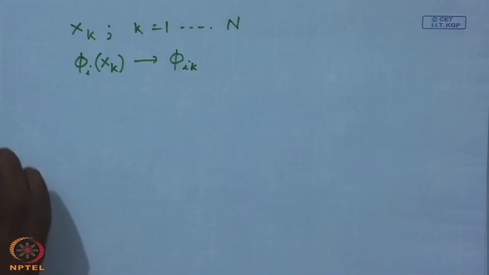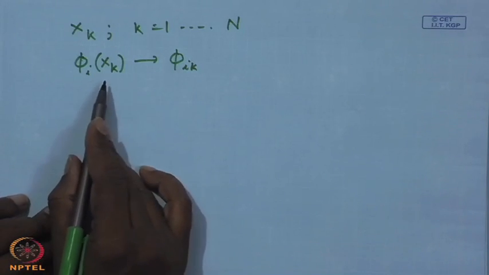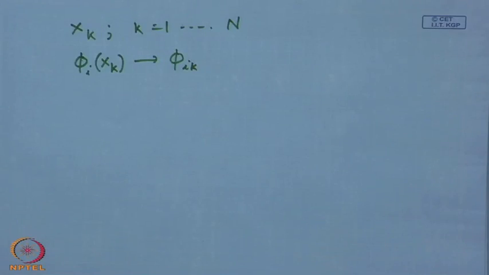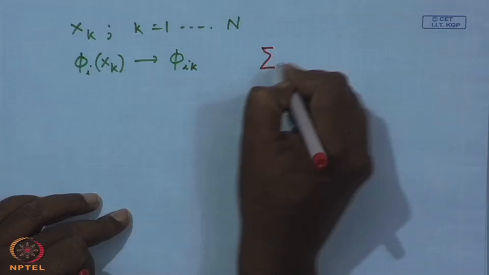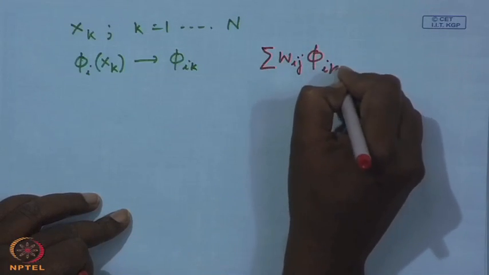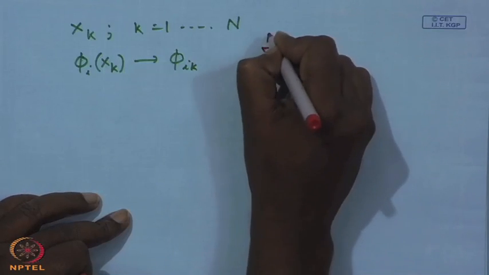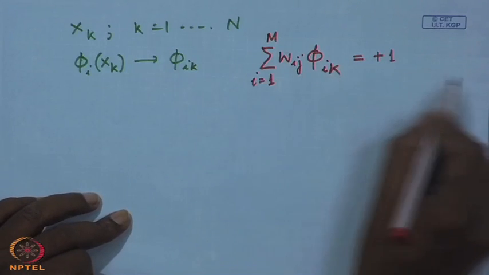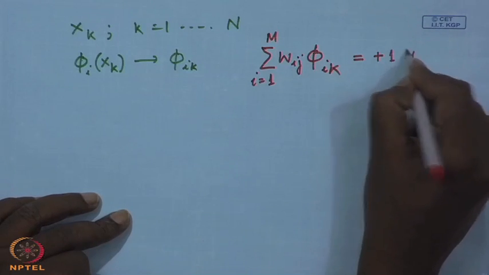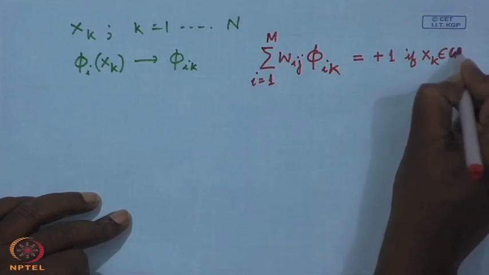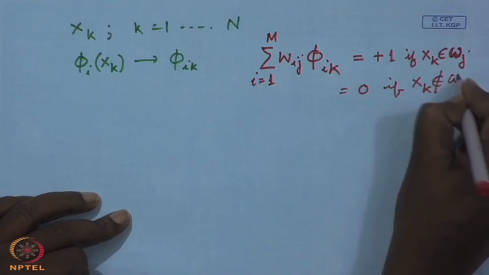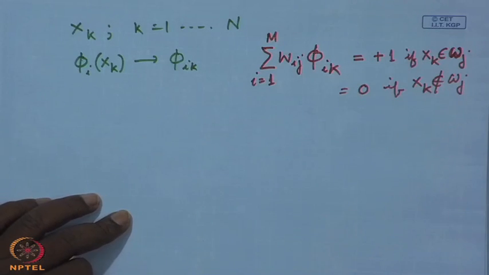My condition is, if you remember, the sum of W i j into phi i k for i varying from 1 to m has to be equal to plus 1 if x k belongs to class omega j, and this has to be 0 if x k does not belong to omega j. So, this is the output that I expect.